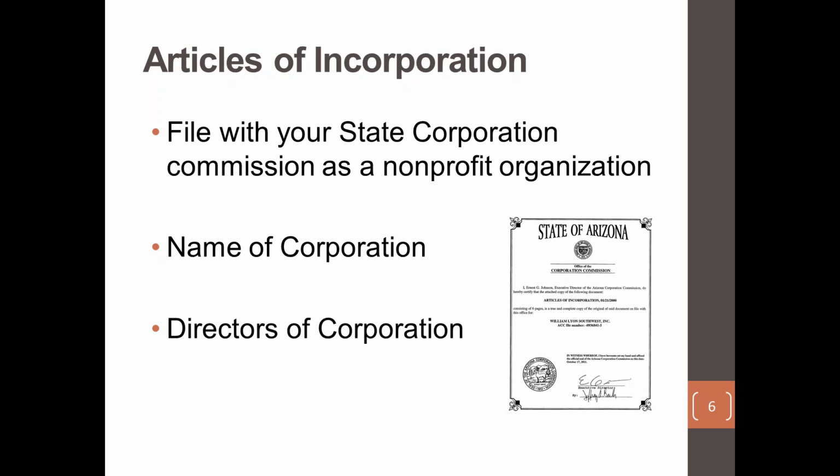And there you have to choose the name of your organization. So you have to pick something that is not chosen by any other group. They all have computers there with the list, and you can tell them the name and they'll say, oh, that's available, or maybe that's not available. There are certain rules about names.